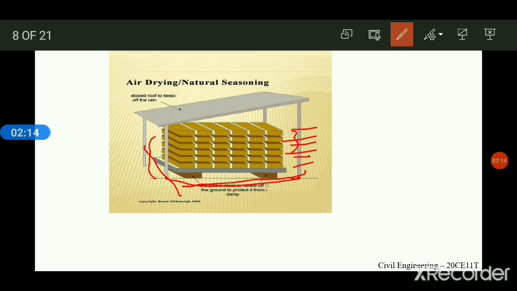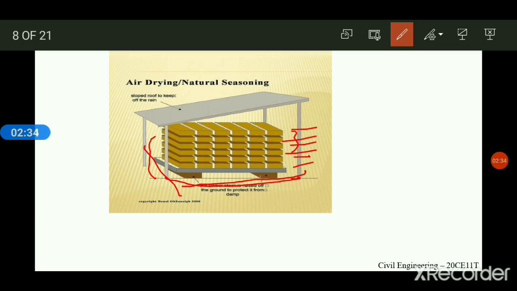Why is it kept alternate? It will permit the free circulation of air. That's the reason the timber is kept in a crosswise direction. The duration of drying depends upon the type of wood and size.